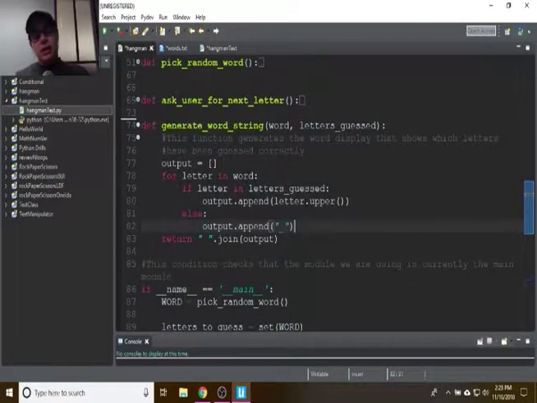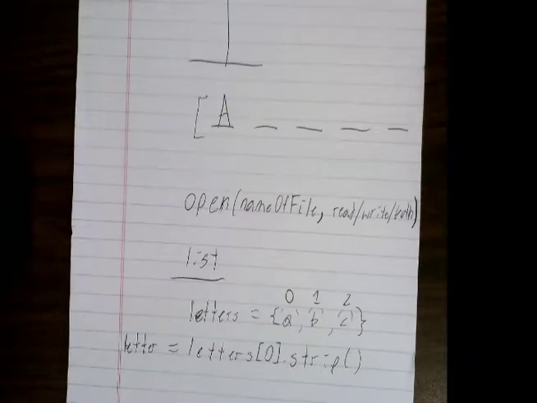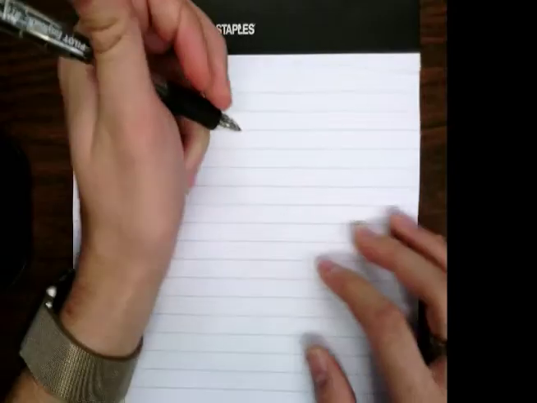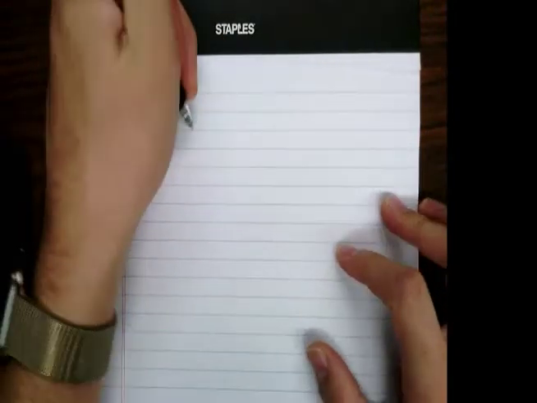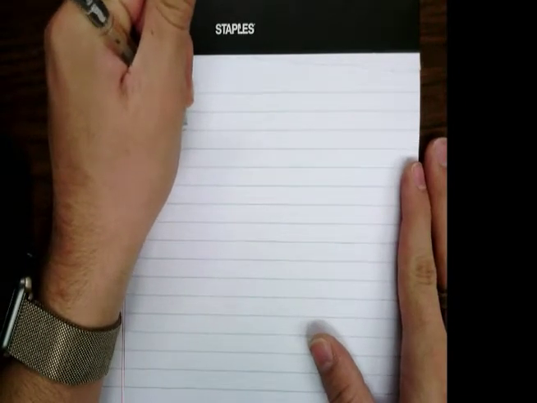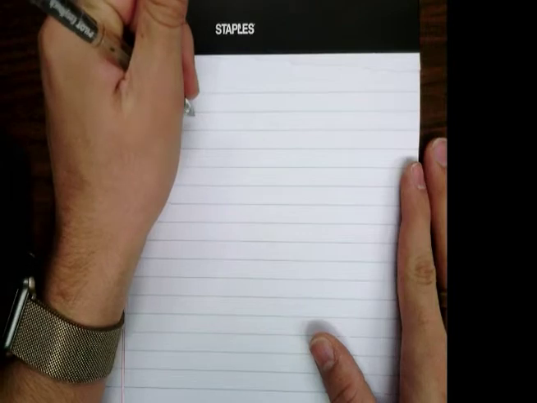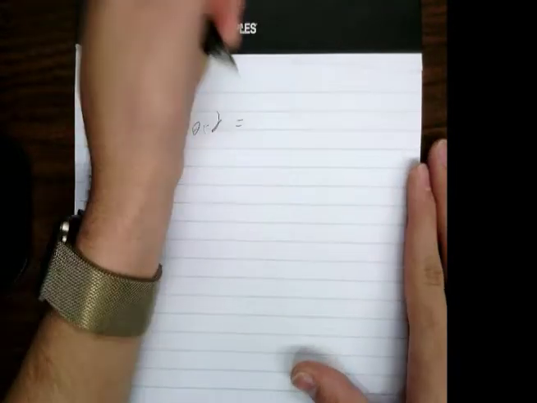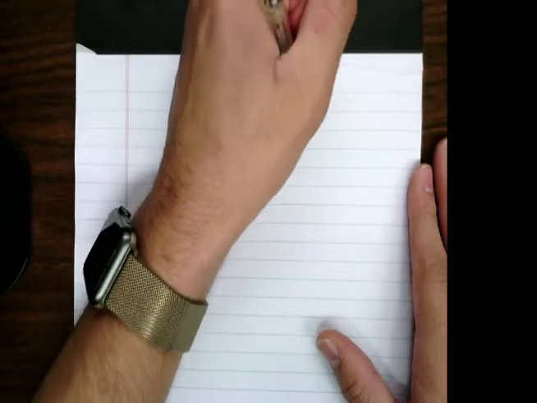So basically, what this is doing is, if we switch over to the document camera, we'll get a new page. So it's saying, if our word is my name, Michael, right?